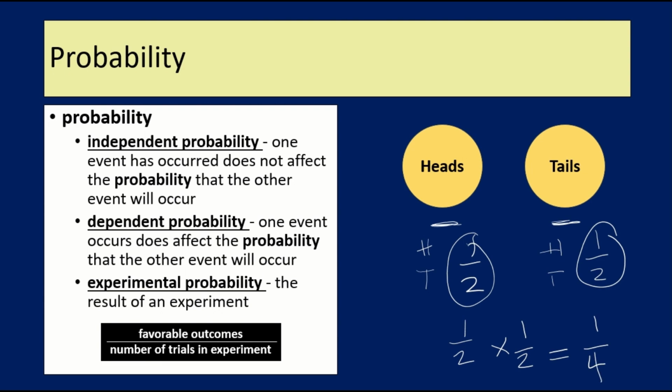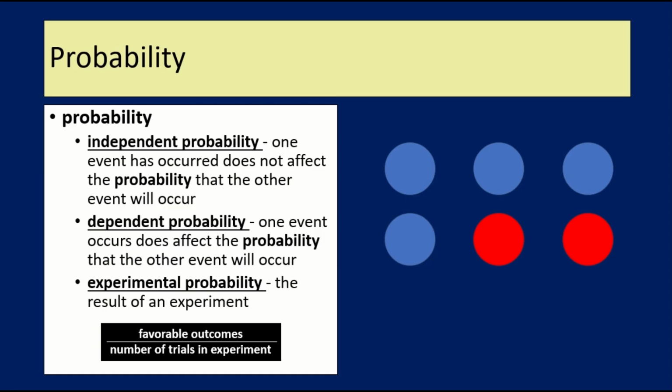So if they asked me what is the probability that both will land so the heads sides are showing, the probability is 1 out of 4, or 25%. And although, once again, these are single events, 2 are happening together, that's why we needed to multiply. And this is a great example of an independent probability.